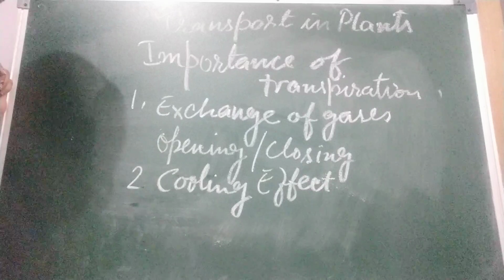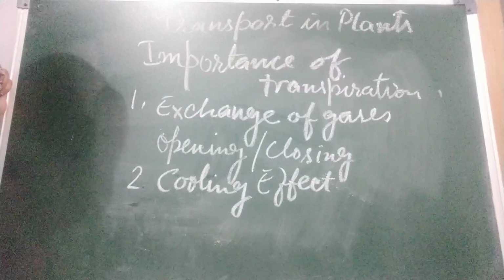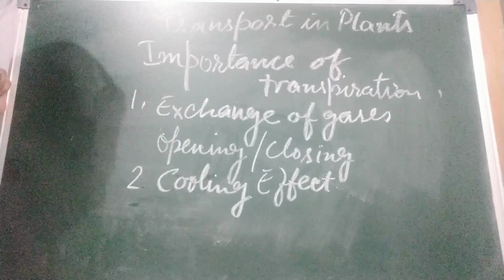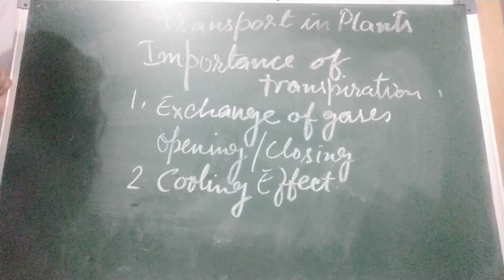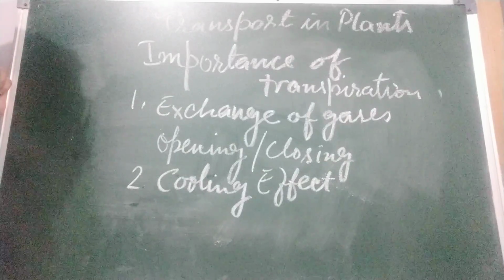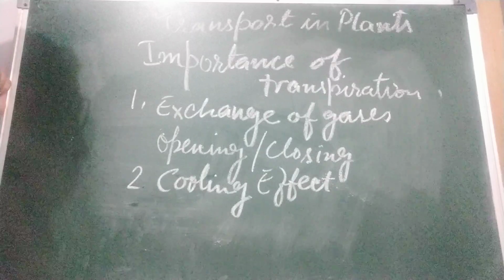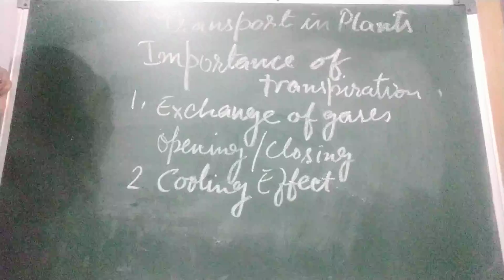Transpiration thus provides a significant cooling effect that also helps to prevent damage to plant cells due to overheating. So when transpiration takes place, it cools the surroundings and also the plant, and the plant cells are protected from damage by heating.